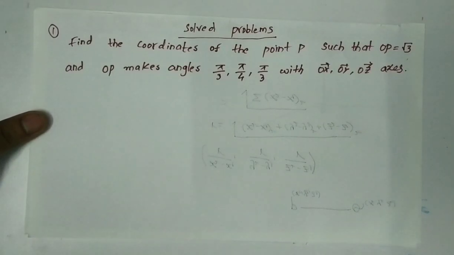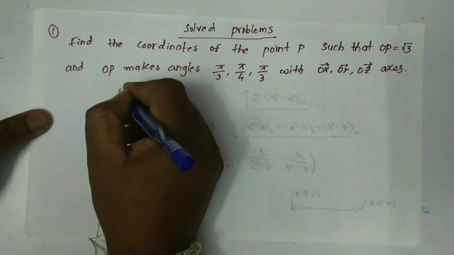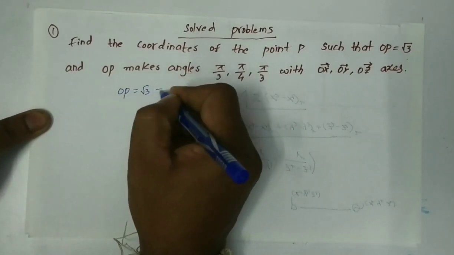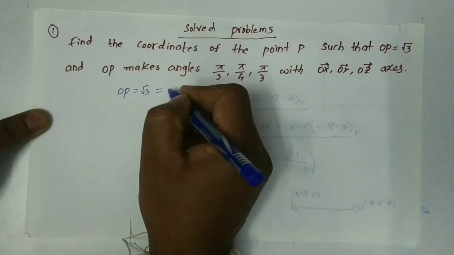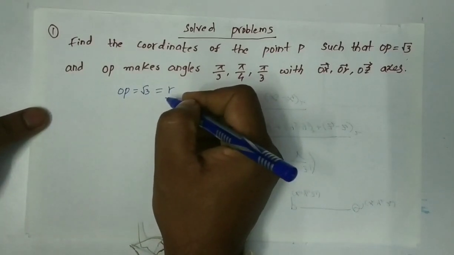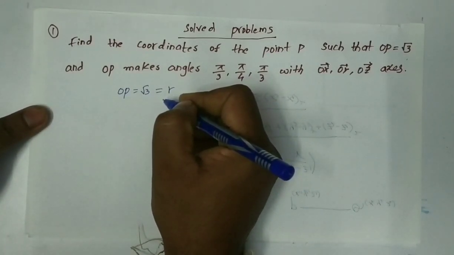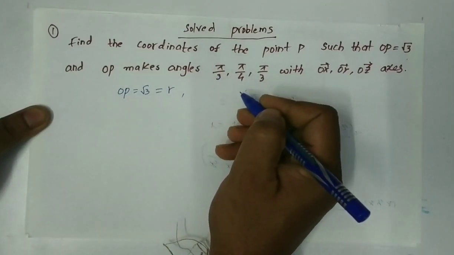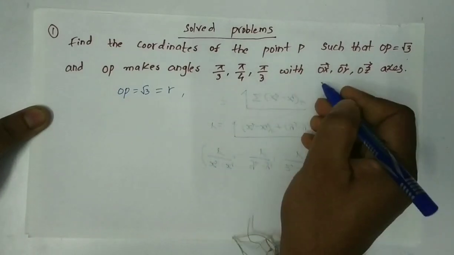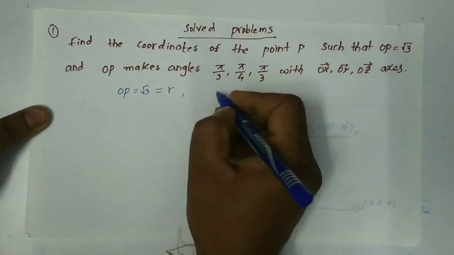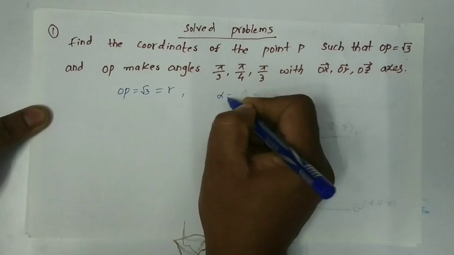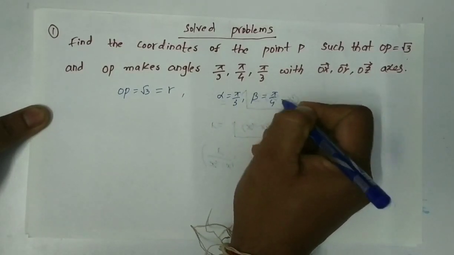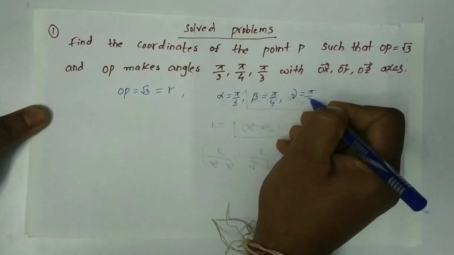In this problem, given OP is equal to root 3. Here OP is the distance between the origin and the point P, which is r. Also, pi by 3, pi by 4, pi by 3 are the angles made with the x, y, z axes. So alpha is pi by 3, beta is pi by 4, gamma is pi by 3.